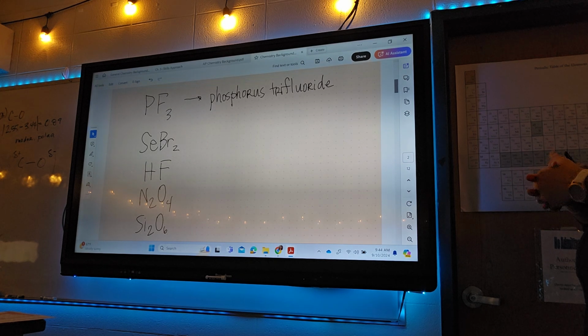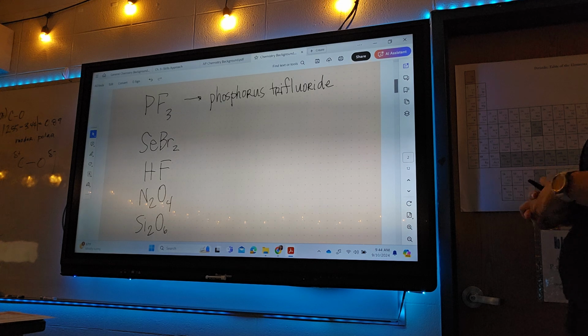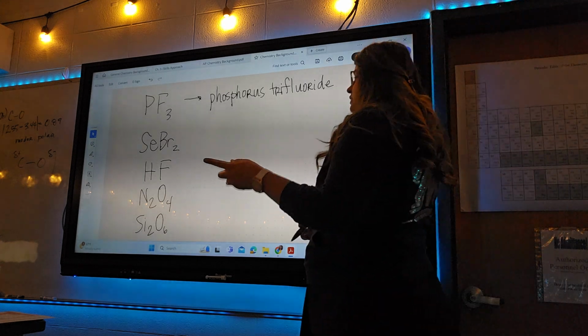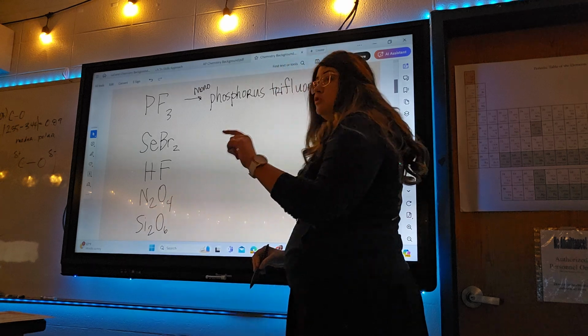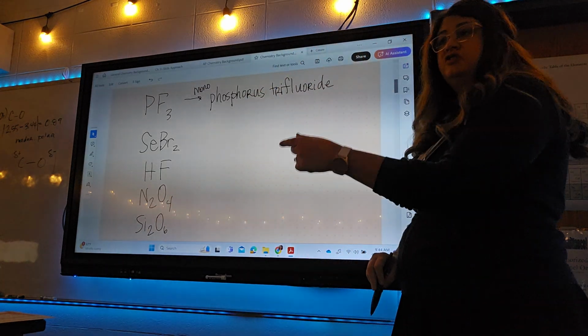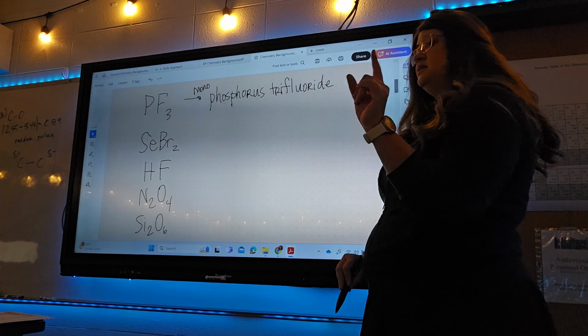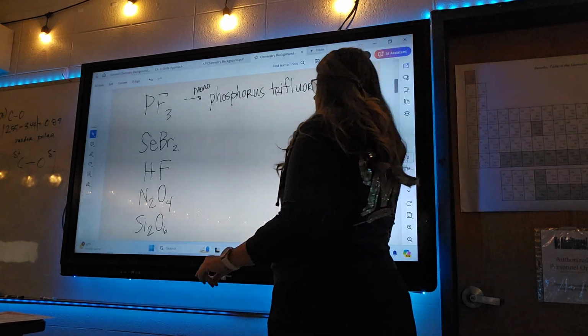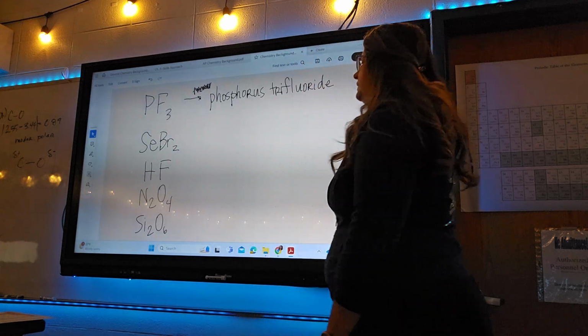Spelling does matter. Now, again, the reason I didn't write mono here is because we don't ever write mono if it's on the first element in the compound. We do write it if it's on the second element, though. So I'm just going to scribble it out. That's the proper name.